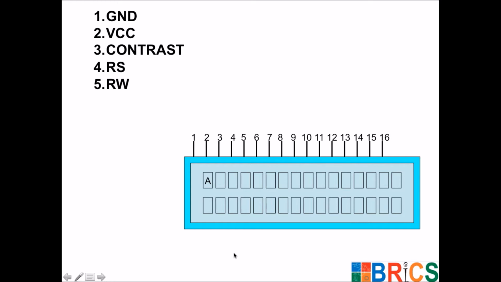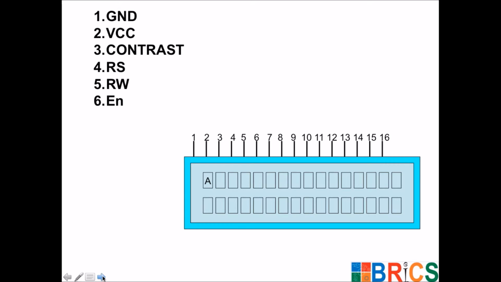Next pin is EN. Pin number 6 is the EN pin, which is used as a clock source for digital communication. So whenever we want to send some number or read some number from the display, we need to send a clock to this pin. So this pin is used just for clock for digital communication.